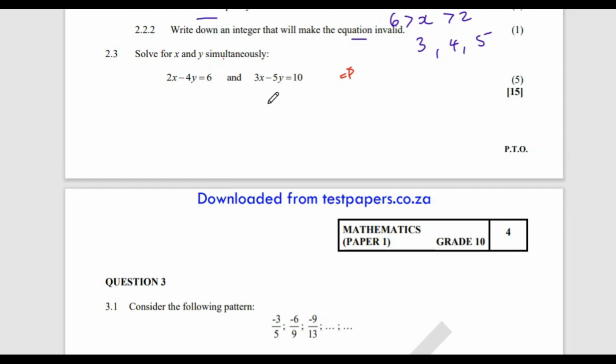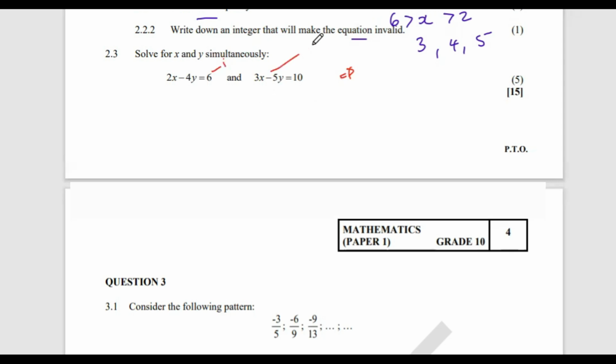So if I call this my equation 1, and this my equation 2, let me just rearrange them. I have 2x minus 4y is equal to 6. This is going to be 3x minus 5y is equal to 10.